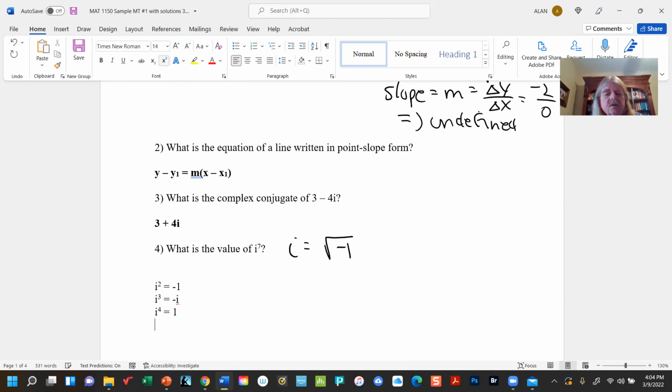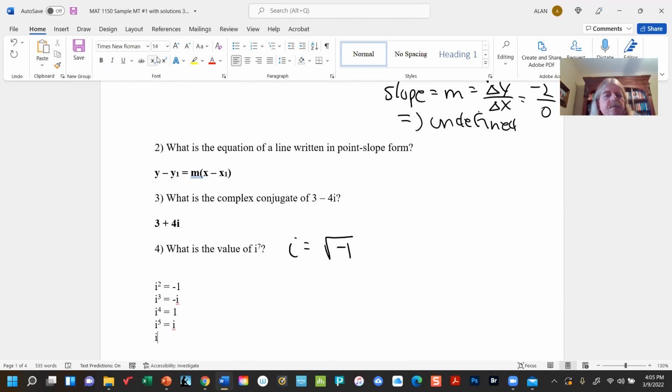And then the cycle starts all over again. i to the 5th is equal to i, which in turn equals the square root of -1. Because all I've done is multiplied i to the 4th by i.